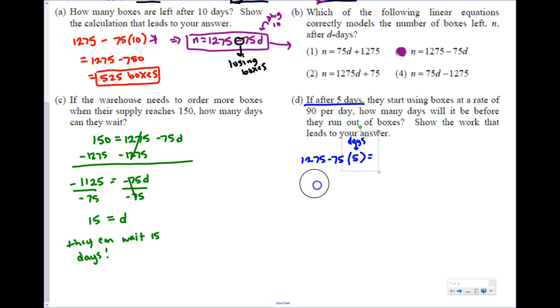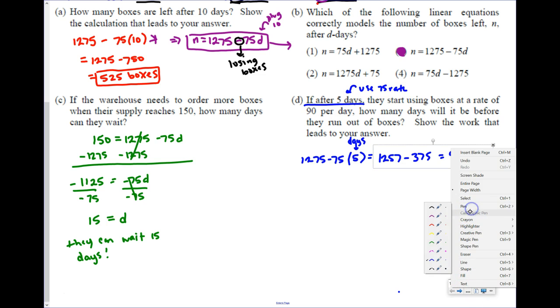So if I plug 5 days into here, then I'm going to simplify and get 1,275 minus 375, which is going to give me 900 boxes after 5 days. That's important because for the first 5 days we still have to use the 75 rate. That's why I did that first part in blue.